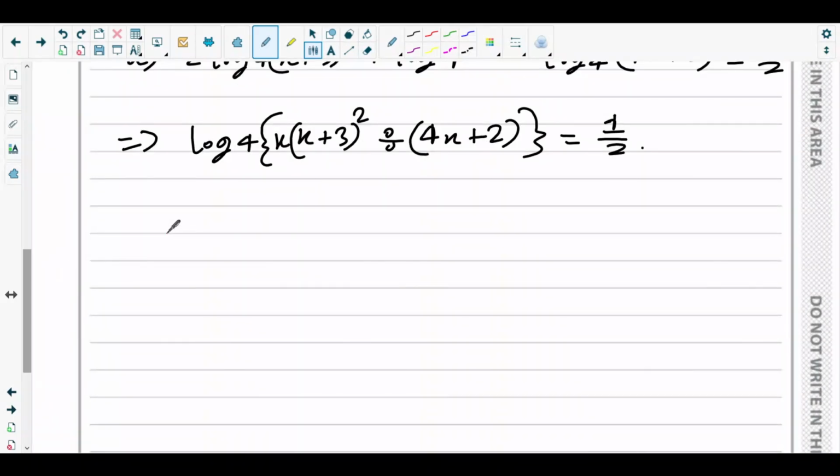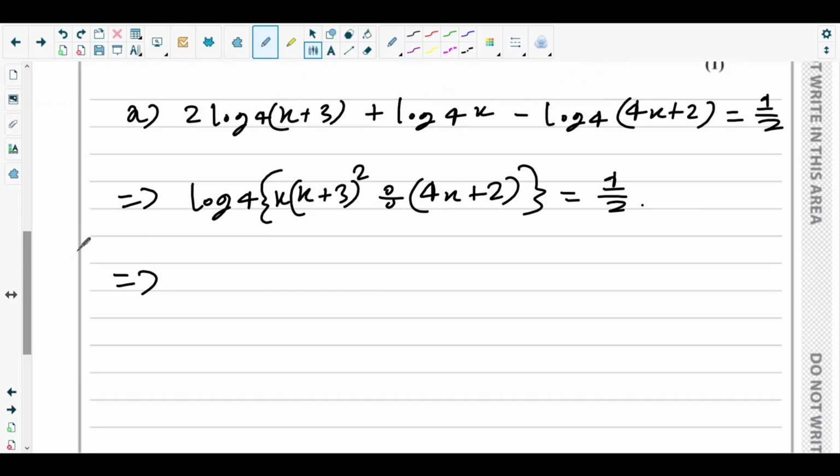Now, before you expand the bracket, use the laws of logarithms. If log base a of n equals x, then a to the power x equals n. Here a is the base, so 4 to the power half equals this expression.